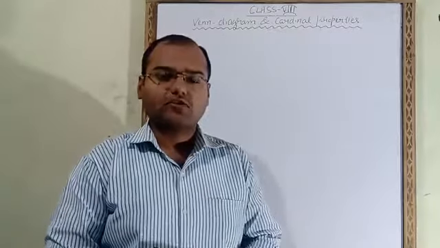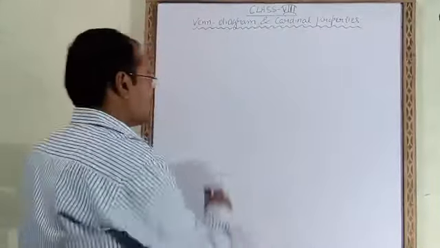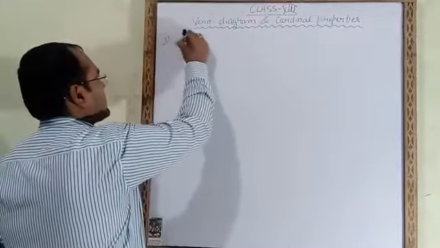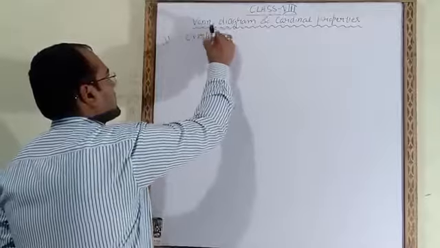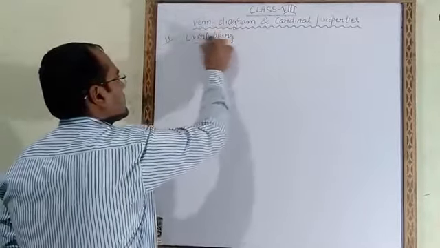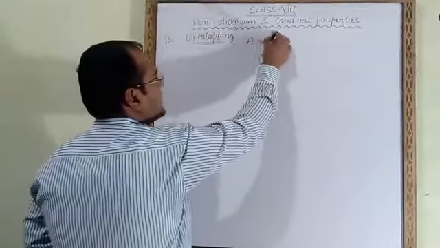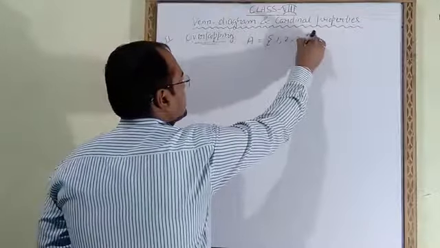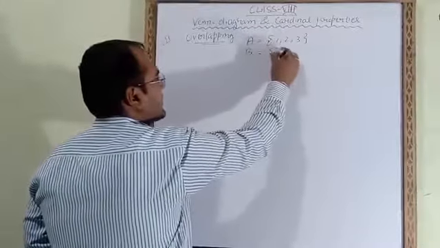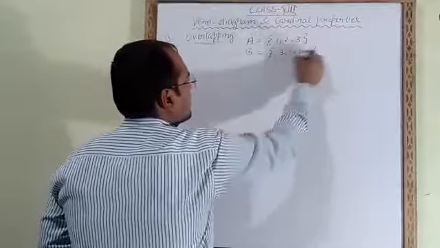Now the second case is of overlapping. Case number 2, overlap. Suppose two sets I have taken here, A is 1, 2, 3 and another set B is 3, 4, 5.